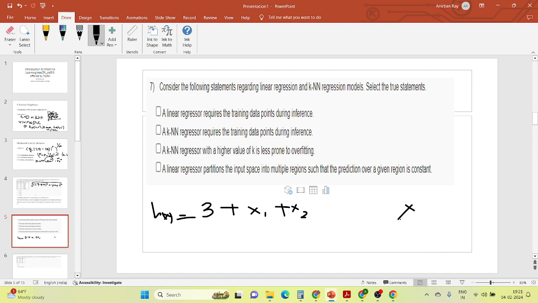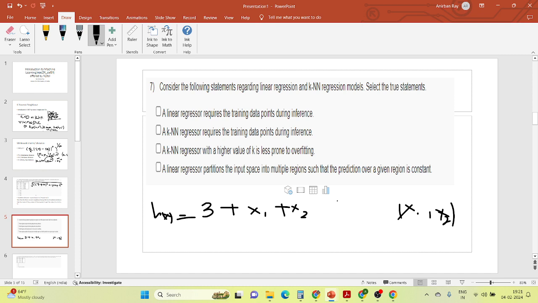If x1, x2 is given to me after training, then I don't need the training points. Just put in x1, x2 and you'll get the answer. So training points are not required during inference in a linear regressor.